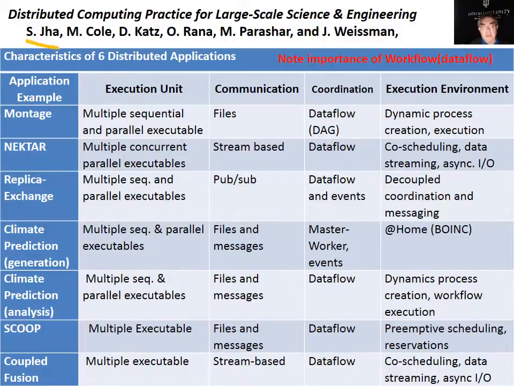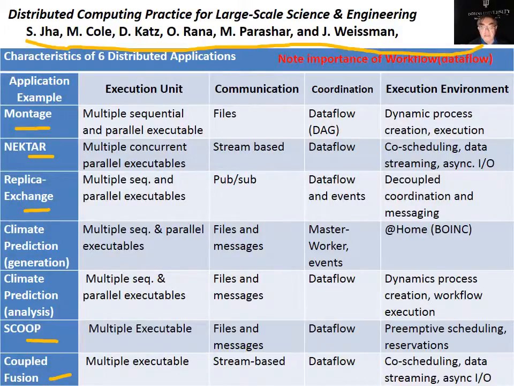Here we have a survey from a group of 6 well-known authors in high-performance distributed computing. And they have looked at the 6 applications listed here: biology, climate, astronomy, oceanography, and fusion.